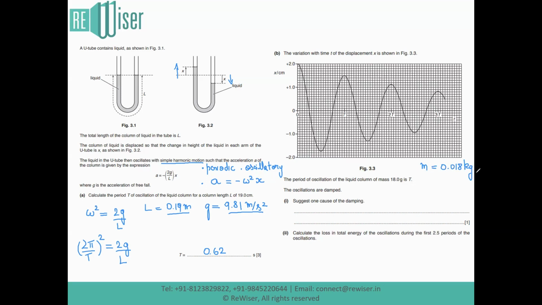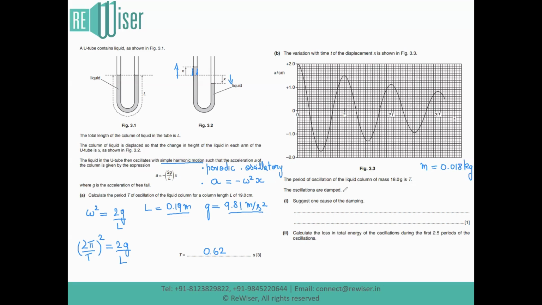Moving ahead, the oscillations are damped as stated. State one cause for the damping. Here we notice that the liquid moves up and down a U-tube, and the only form of resistive force we can ascertain from this is the fact that the walls of the tube apply a viscous or a drag force on the liquid, which is known as viscosity.